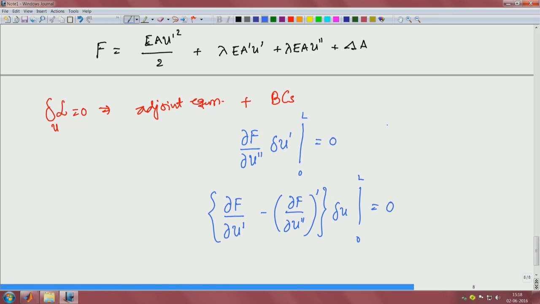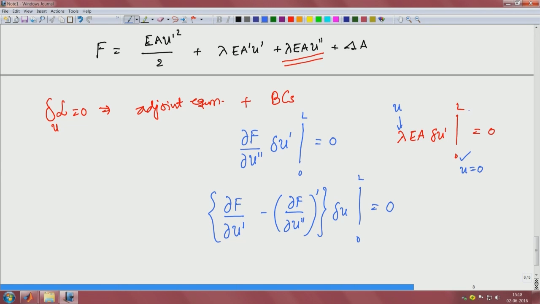So, what does this tell us? This one ∂f/∂u'', where is it? It is over here. So, that gives me λEA, right, that is it, times δu' at 0, L should be equal to 0. Also note that this λ here is nothing but u, right, that is what is true. So, x equal to 0, u equal to 0, it is satisfied, we satisfy the boundary condition.